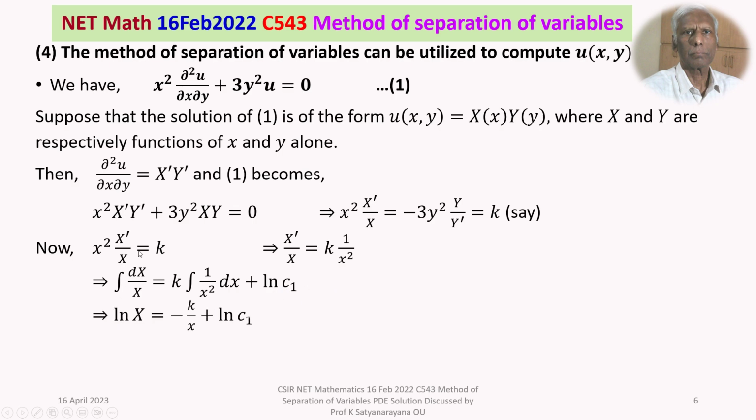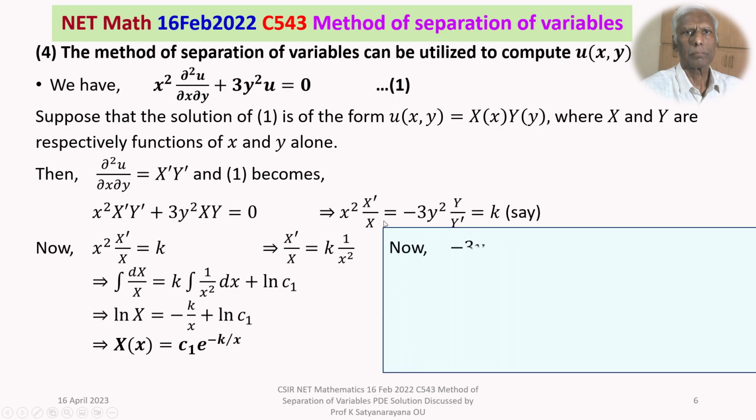That implies ln X is equal to k times minus 1 by x, that is minus k by x, plus ln c1. Take out the logarithms, we get capital X, which is a function of small x alone, equal to c1 into e power minus k by x. Thus capital X is solved. Let us take the second ratio, minus 3y square into capital Y by Y prime is equal to k.